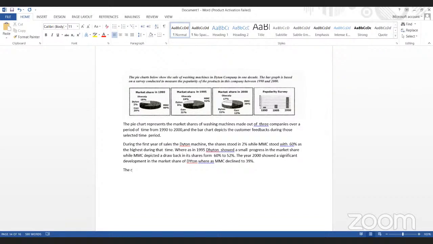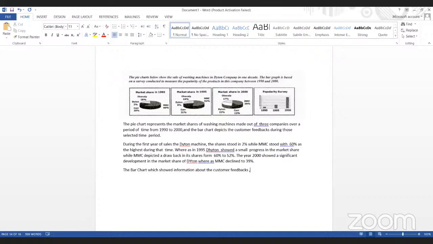The bar chart, which showed information about the customer feedbacks, right? Customer feedbacks.